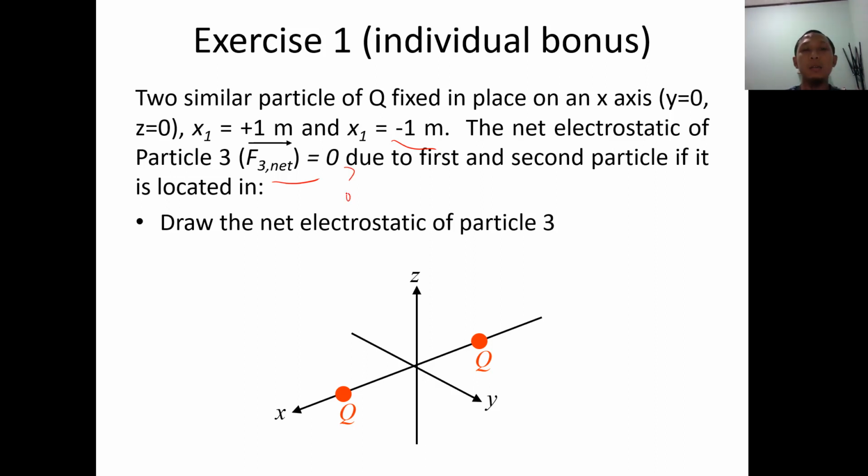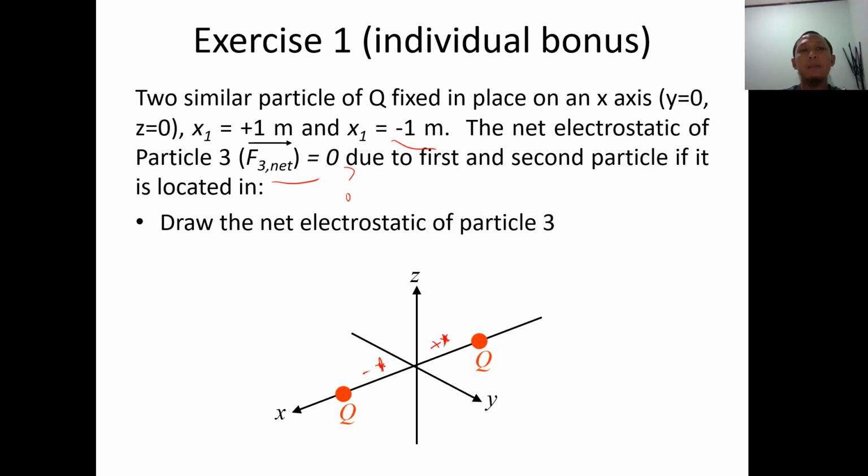So then draw the net electrostatic force on the particle. So this is the case of similar charges, and the first is positive. This is the positive x, and this is negative x, plus 1 and minus 1.